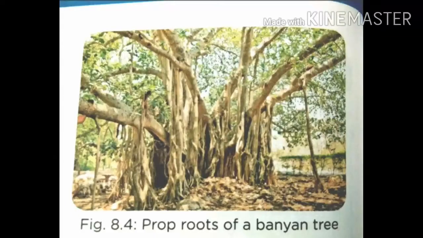Next one, modified roots provide additional support to the plants or a tree. Here we are going to see the banyan tree. See this tree, the rope-like roots grow from the main branches. These roots, on reaching the ground, give support to the heavy branches.